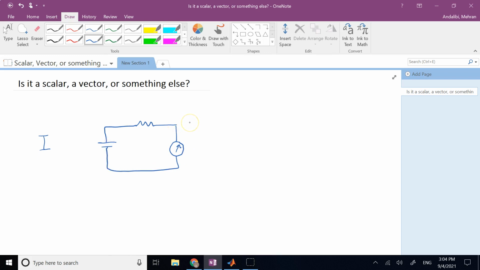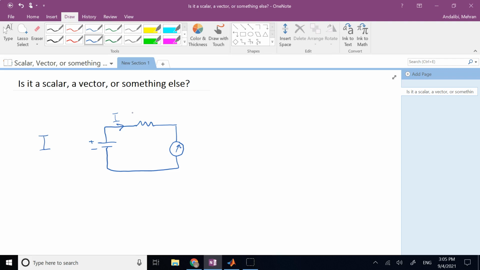Or you can add also a voltmeter. So the question is here, doesn't this current I have a direction? It does. It can go this way or it can go backwards. It can flow in different directions, and it has a magnitude in amps.